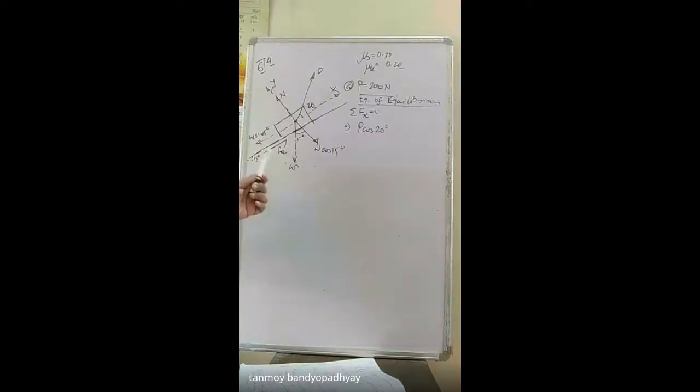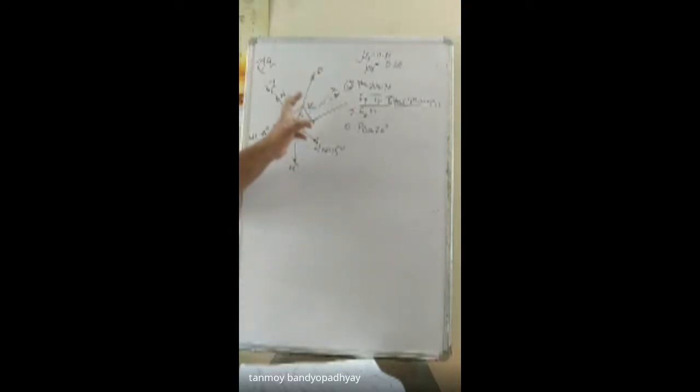We don't know in which direction the body is about to move. The body can move downward. The body may have a tendency to move upward, but its general tendency is to move downward. That's what we have to take, unless we are specifically sure that the body has impending motion or motion has started.